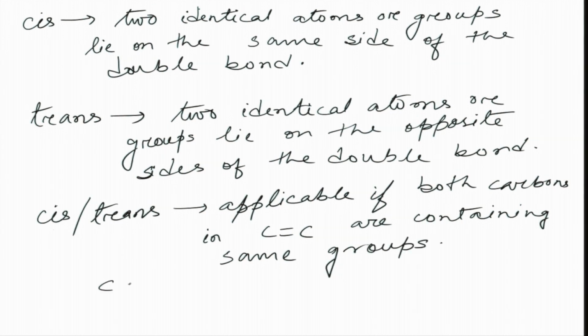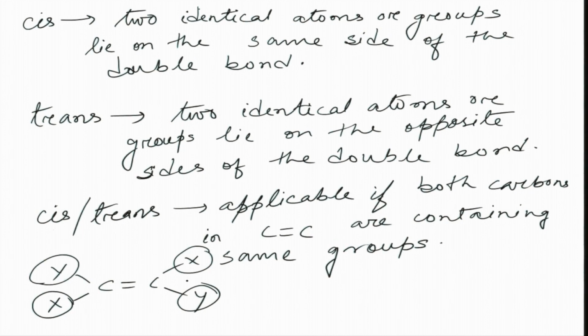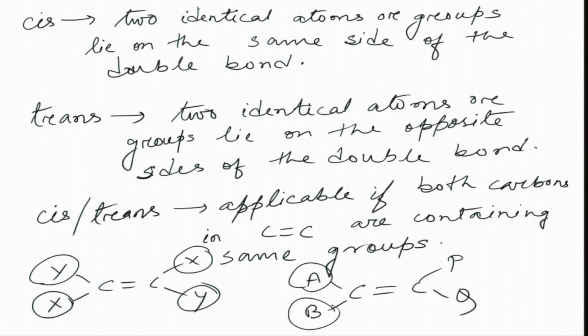Let us say in both these carbons the groups are X and Y. So, here we can use the cis trans form, but if there is a carbon like this, so one has A and B, another has P and Q. So, the 4 groups are different. In this case, we cannot use cis trans configuration.